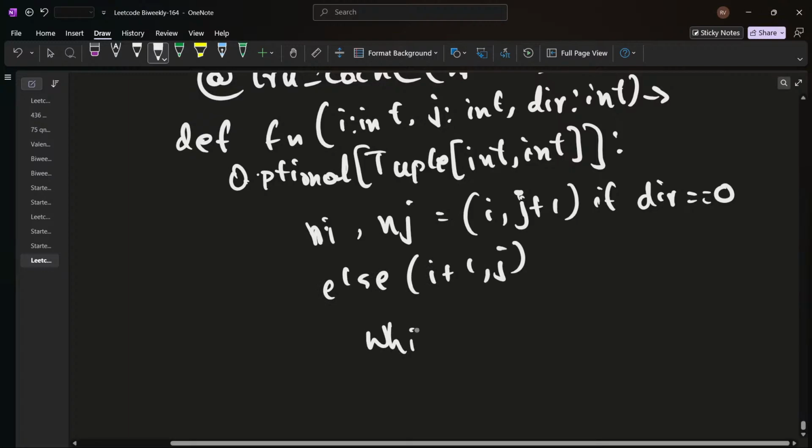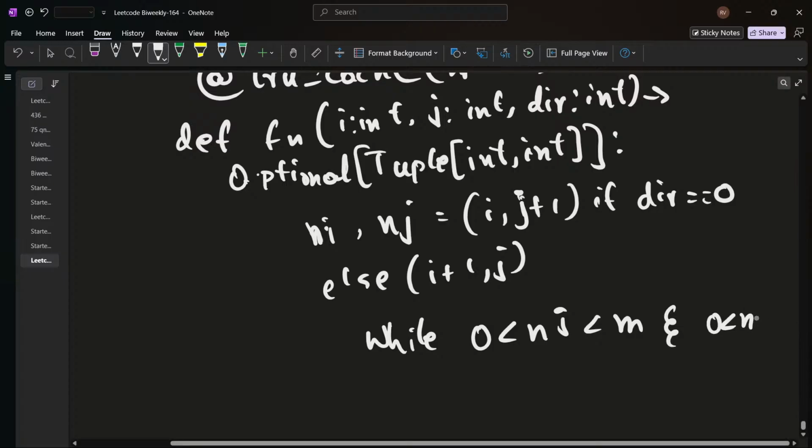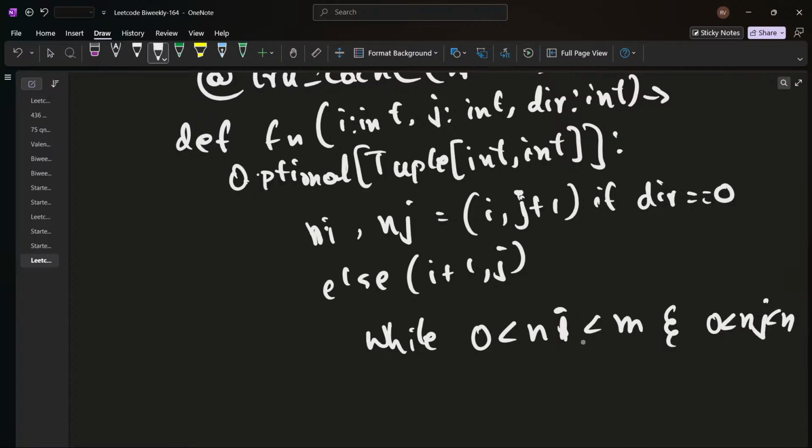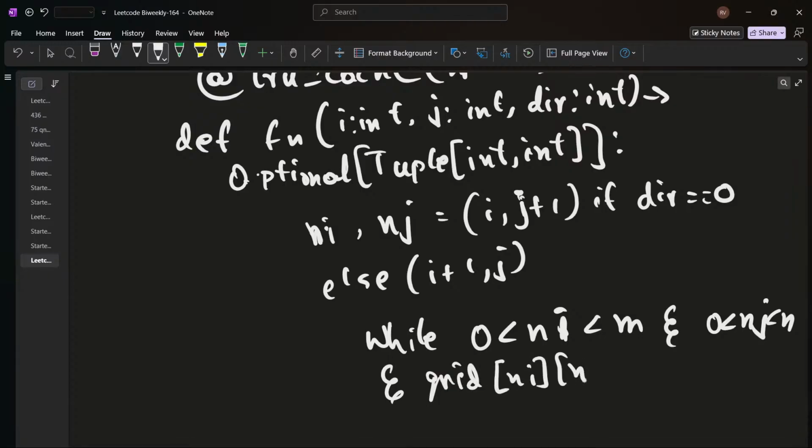Now I'll put a while condition. While ni is lesser than m and greater than or equal to 0, and nj is also same, but for n. And again, what is the other condition? Grid of ni nj is equal to 1.